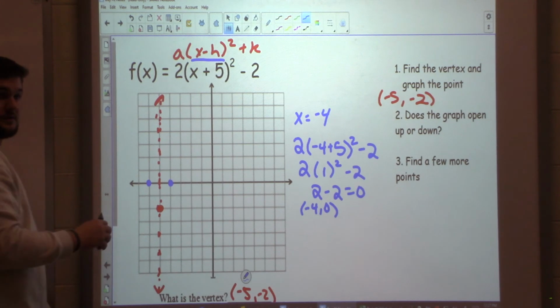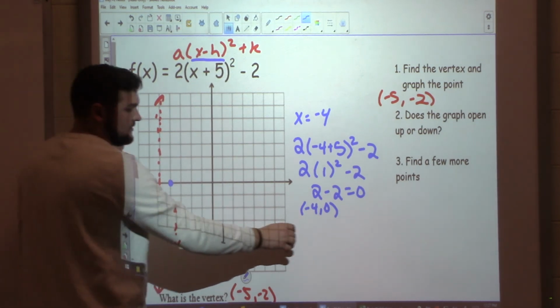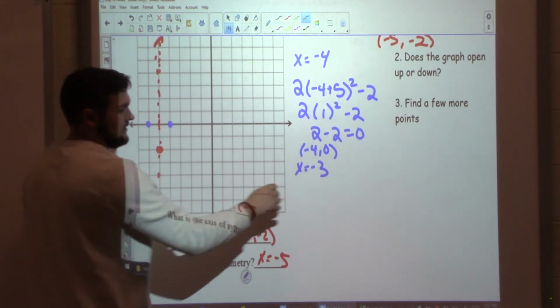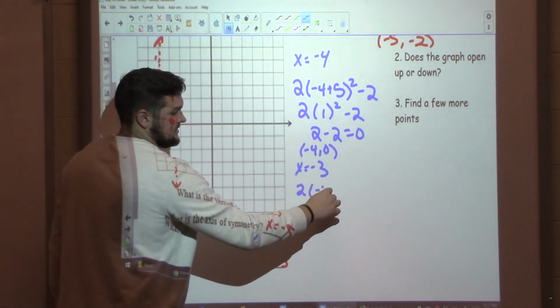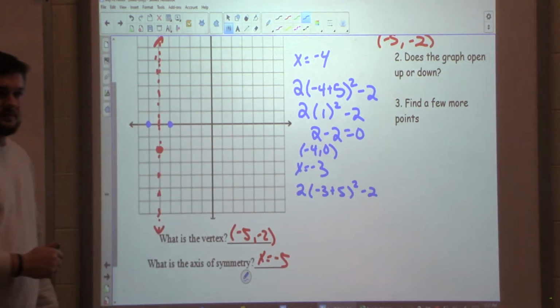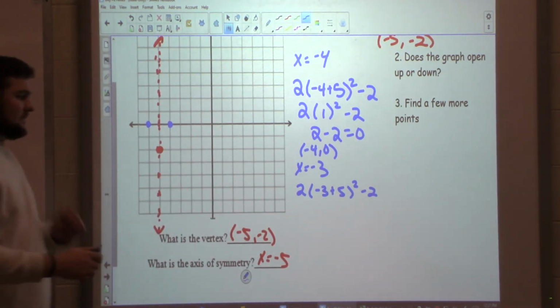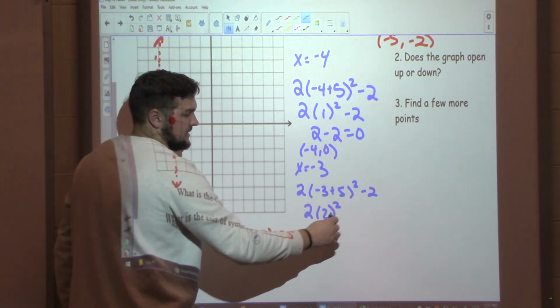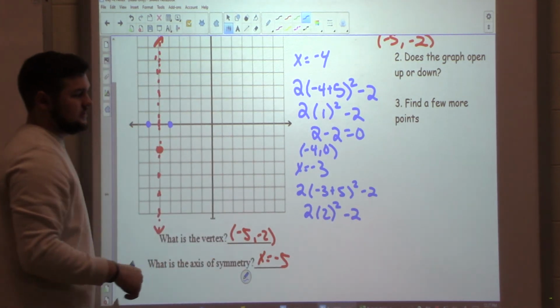Okay? Then I go one more to the right. I get x equals negative 3. I plug that in. 2 times negative 3 plus 5 squared minus 2. Negative 3 plus 5 gives me 2. So I get 2 times 2 squared minus 2.